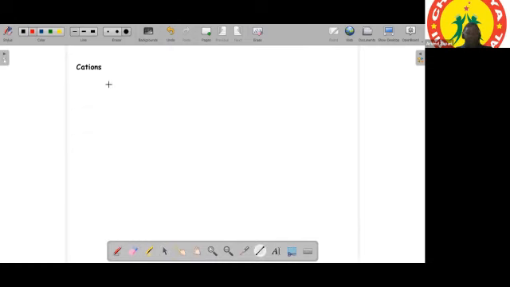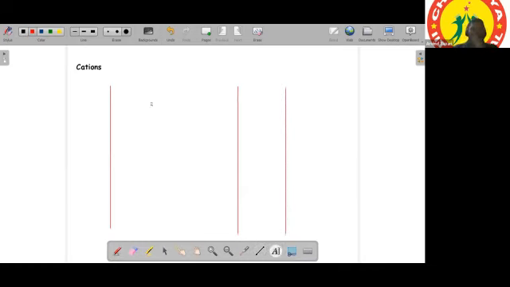So we want to write out the name of the cation, symbol, and the valency. I will tell you the name. You will tell its symbol and valency.